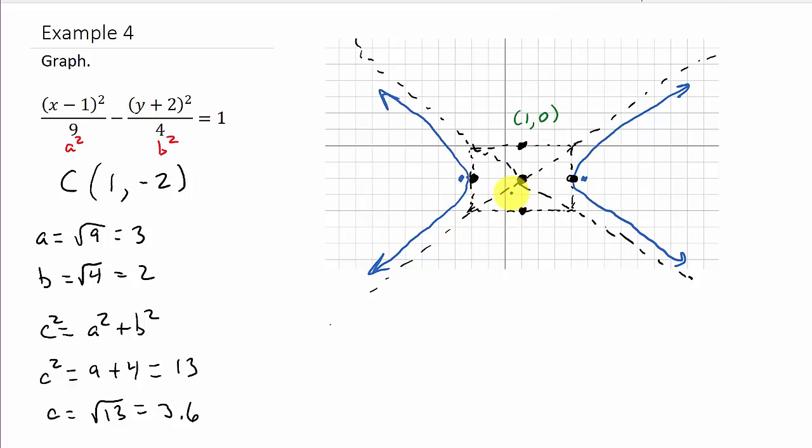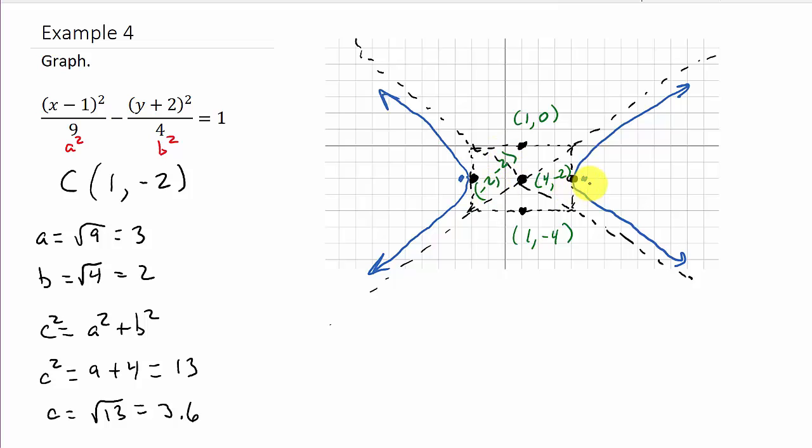This is the point 4, -2. This would be the point 1, -4. This would be the point -2, -2.